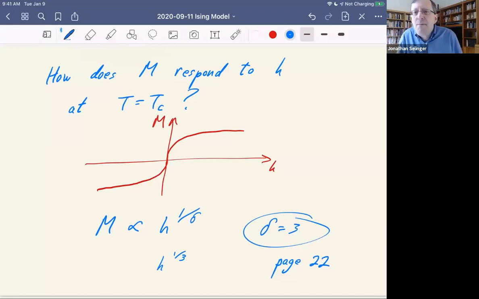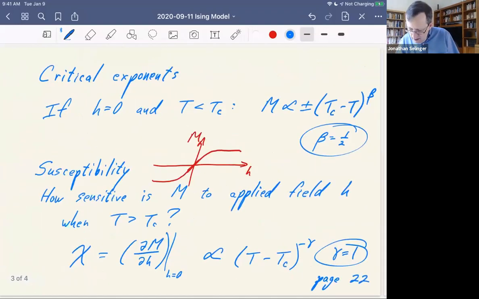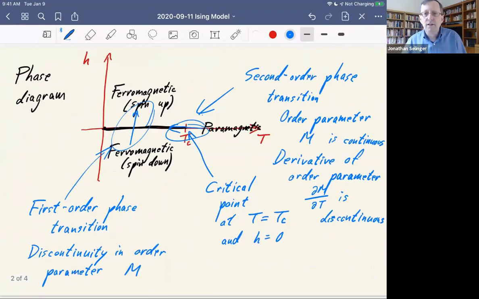Could you please go back to your phase diagram page? Yes. Right here. I think the paramagnetic phase can only exist when H is 0, right?